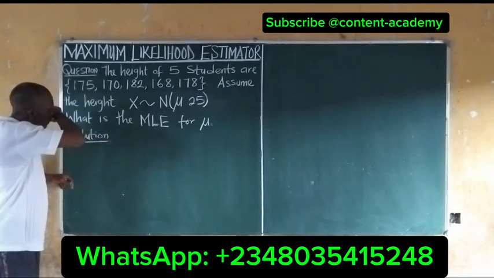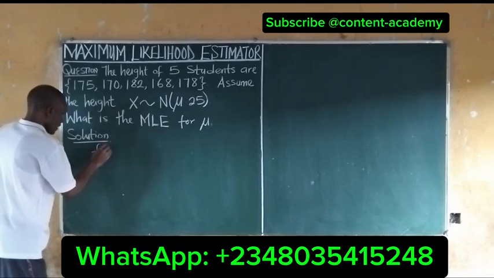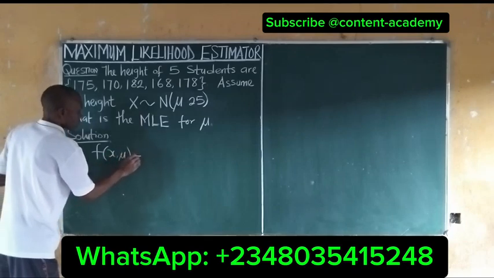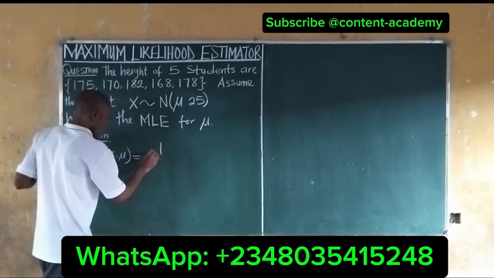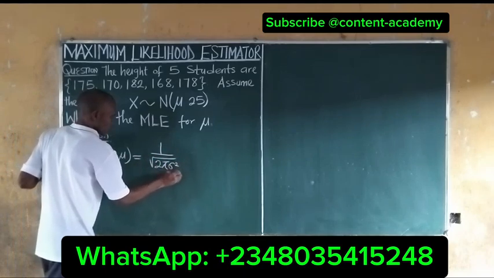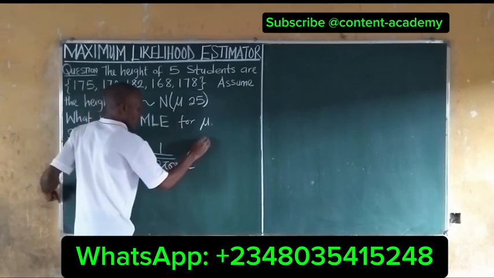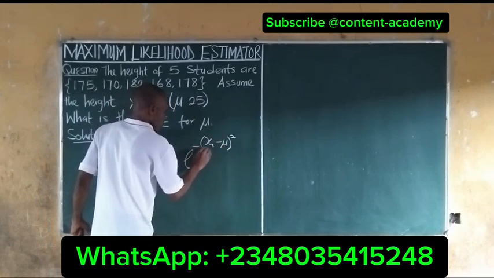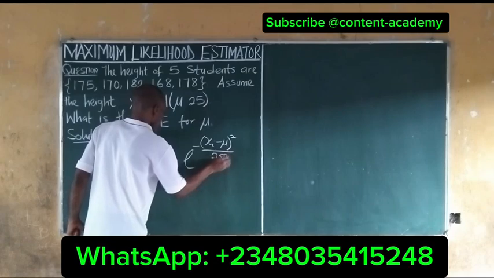Solution. The normal distribution, since the variance is known, can be written as 1 all over square root of 2 pi sigma squared, exponential negative (xi minus mean) all squared all over 2 sigma squared.